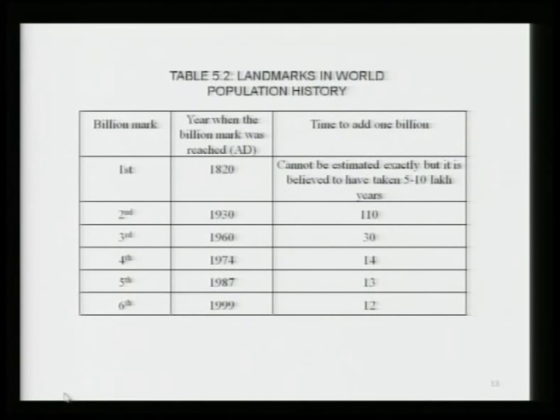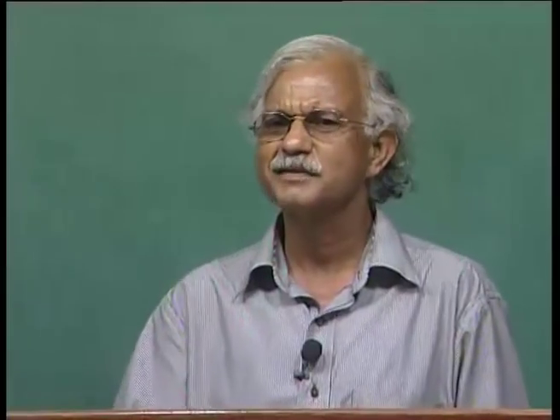Then in just 14 years after that, in 1974, the world population reached the fourth billion mark, and after that it took only 13 years to reach the fifth billion mark, and then only 12 years to reach the sixth billion mark in 1999. See the rate at which population started growing in the 20th century. That is why population became an issue.